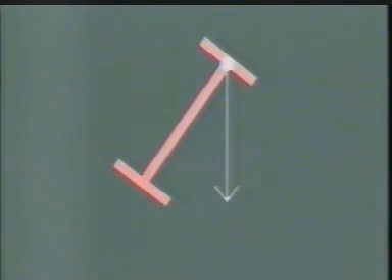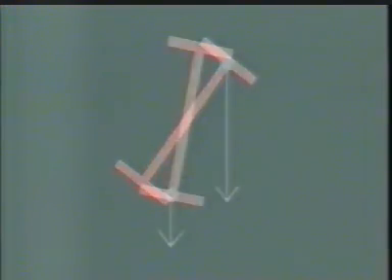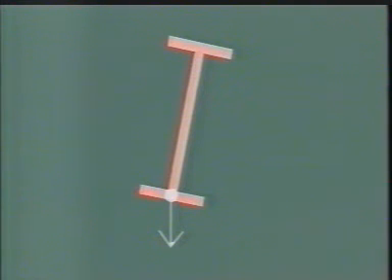Conversely, if the load is applied at the level of the bottom flange, the resulting moment is tending to limit the twisting action of the section, which is advantageous in terms of elastic instability. Thus, the level of load application also has an influence on the behaviour of slender beams.